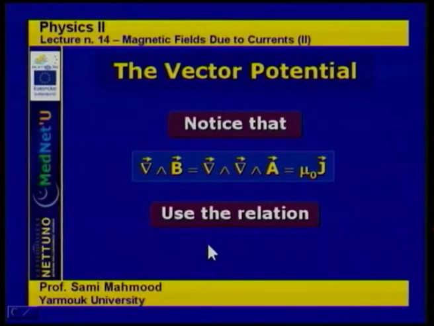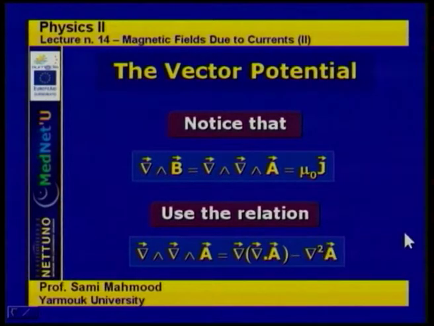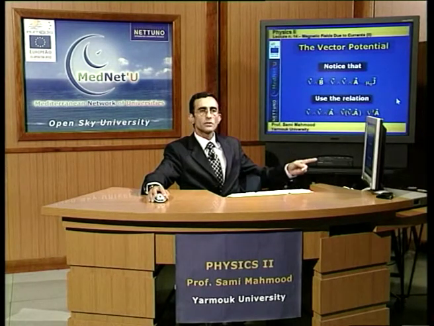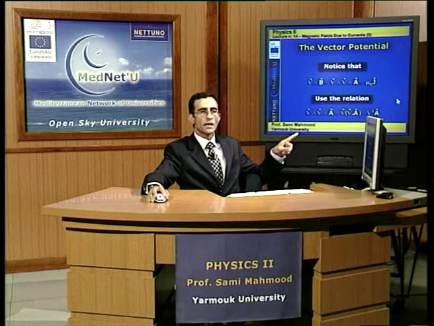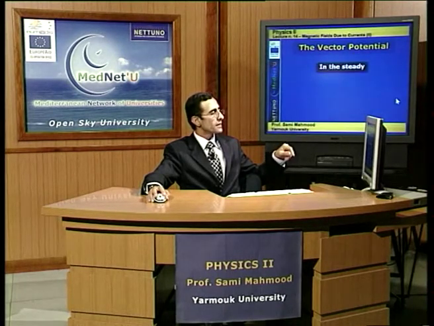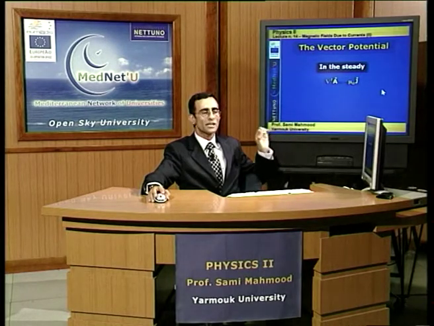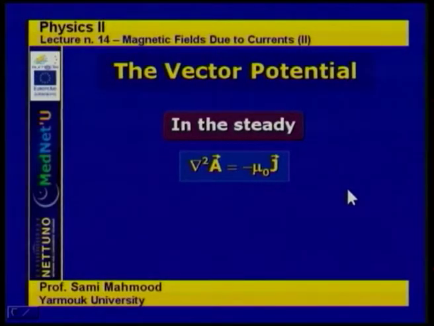And now we expand this quantity, grad cross grad cross A, by using standard algebra. This quantity, curl curl A, is equal to gradient of div A minus gradient squared A. Now we substitute this result in the above formula, and in the steady state div A is equal to 0, which is the Coulomb gauge, as we mentioned a little while ago.